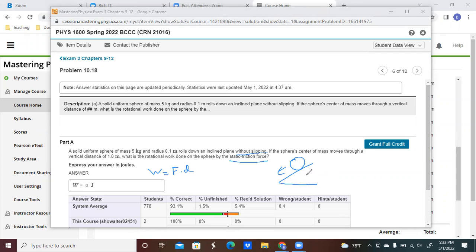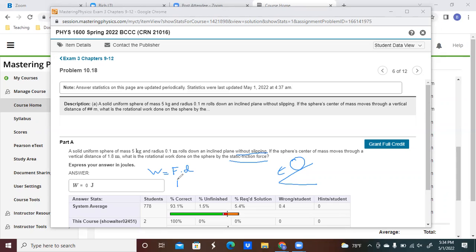If we knew what the mass was, we could figure out gravity, things of that sort. But it's never the same point here. The point I'm trying to get at is that while this ball does move a certain distance down, the static friction force, since it is not slipping, is never really actually being applied to this particular sphere.